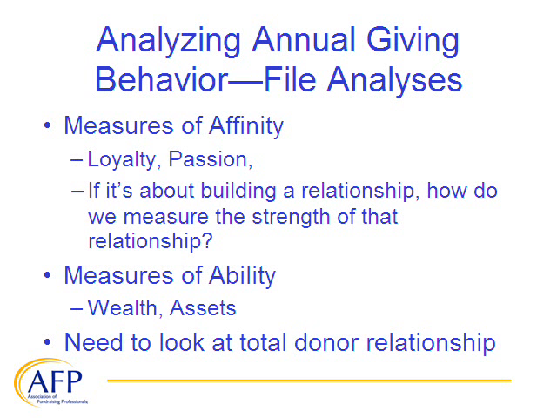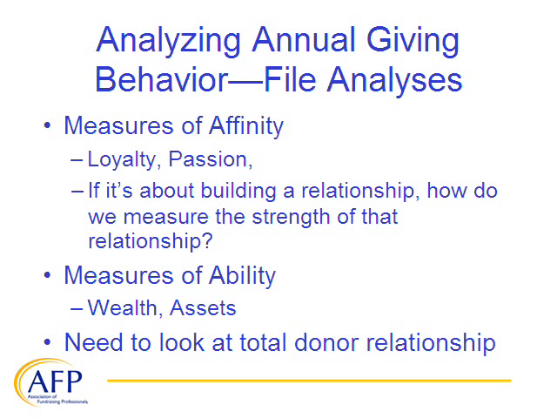Well, there are two basic types of information that we want to know. Number one is affinity. Is there any way that we can use giving behavior and contact behavior with our organization to determine if donors really love us? What is their affinity? And also measures of ability. Are they wealthy? Do they have assets?